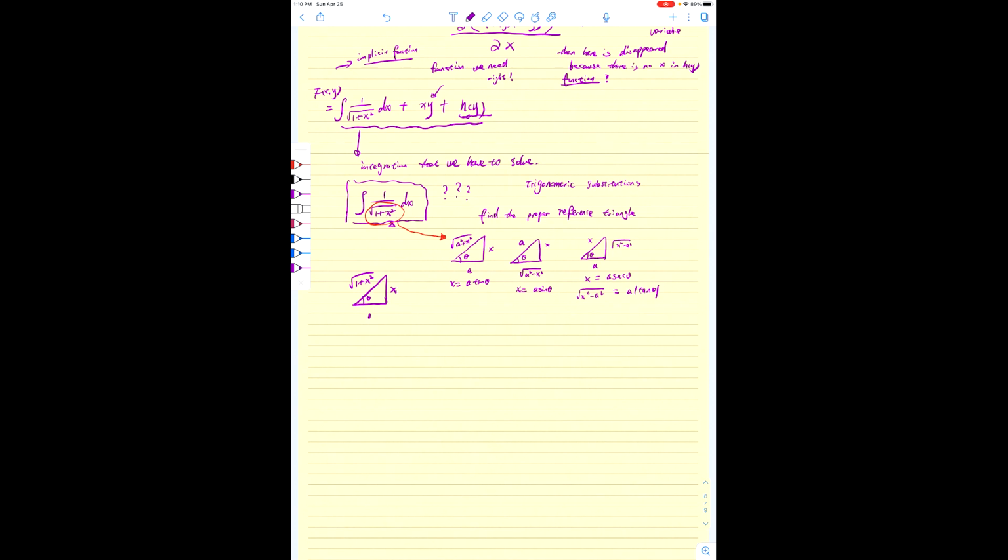Then how are we going to do next? I want to transfer or replace all x into theta. Okay, then we know cosine theta is equal to 1 divided by this.